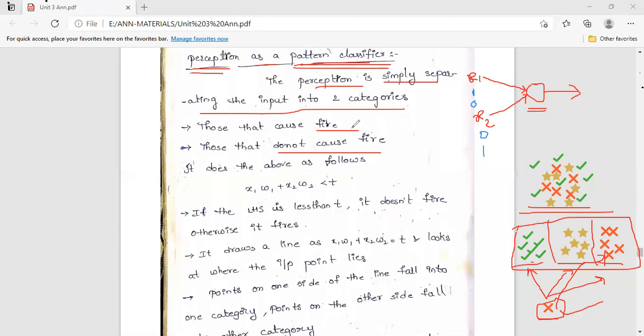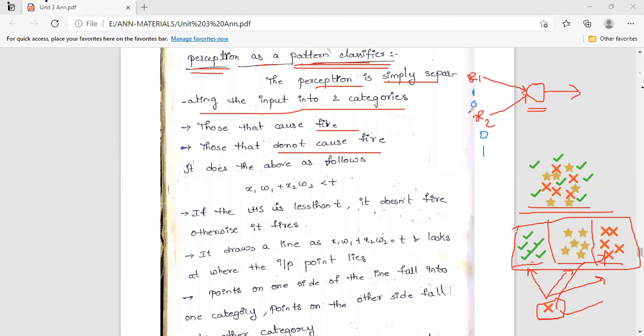So fired or not fired means that particular input node is activated or not. If it is activated, it can be represented with 1. If it is not activated, you can represent that particular node using 0 here.